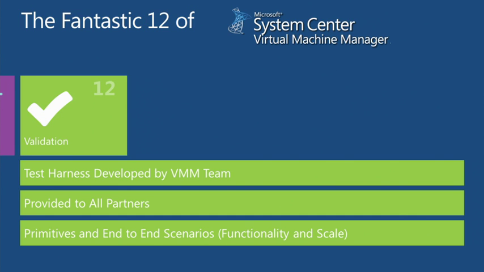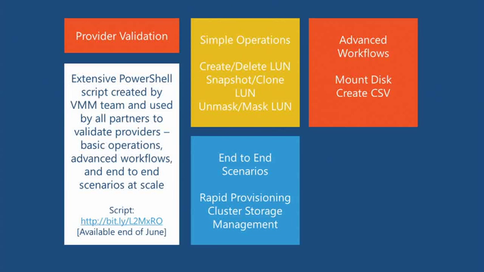So we have a huge test bed that we have built, and these test all the way from simple operations like a simple LUN clone, a simple LUN creation, to advanced flows like mounting a disk, being able to create a CSV, to all the way from doing an end-to-end mapping, from taking a VM all the way from a SAN LUN library to be able to create a VM and actually have it rapidly deployed and be able to do a SAN migration.